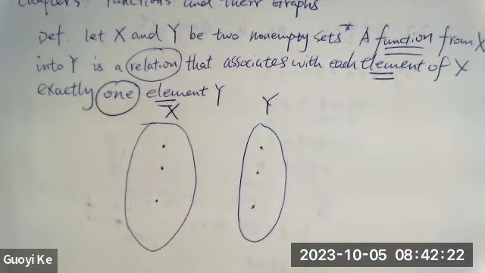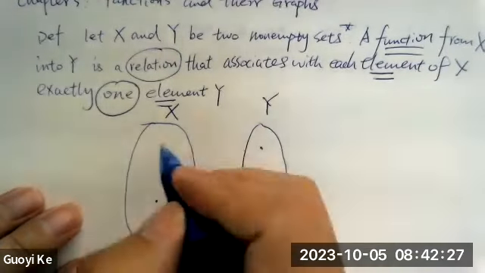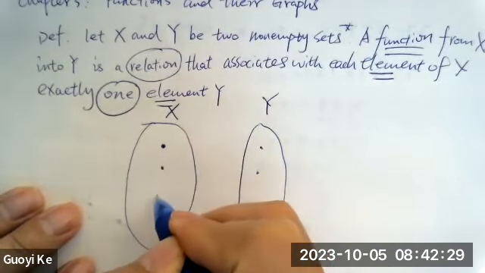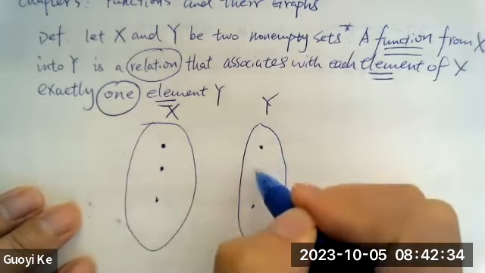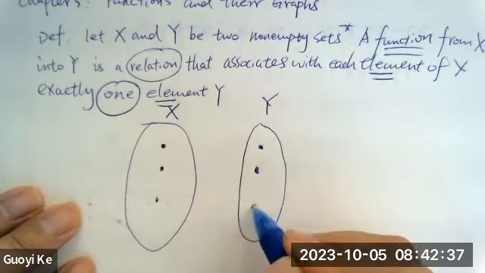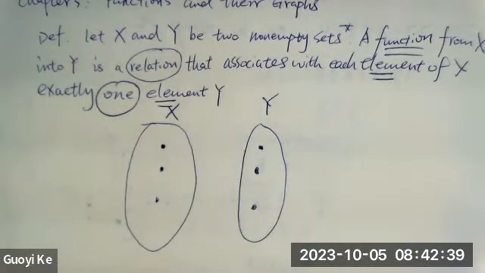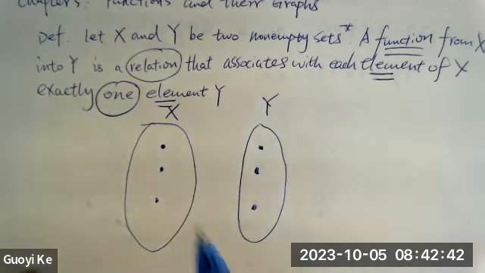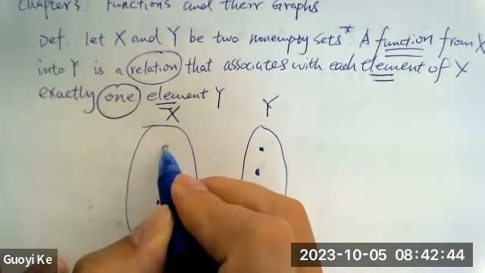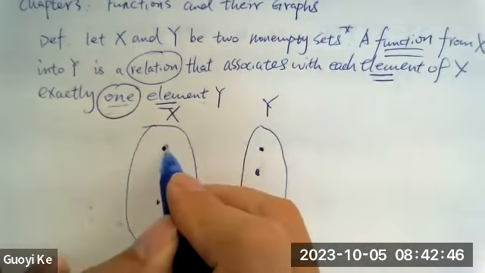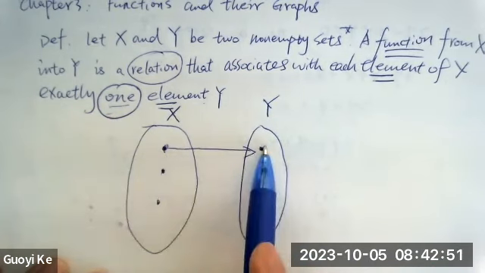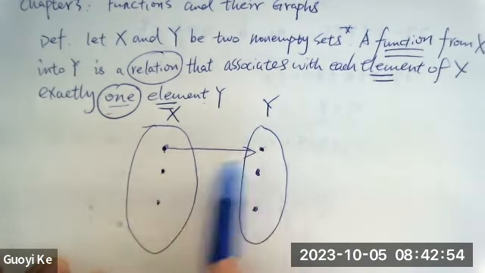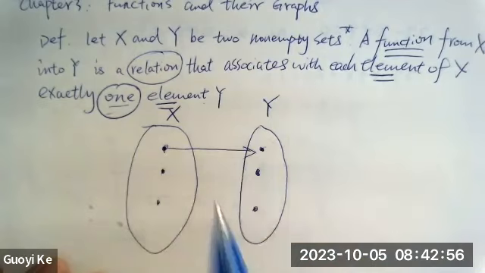So the point is, for each element in x I use a point, and for each element in y, I use a point here. Right? And each element will have one element in y. So for example, here, one element in x corresponds to one element in y.